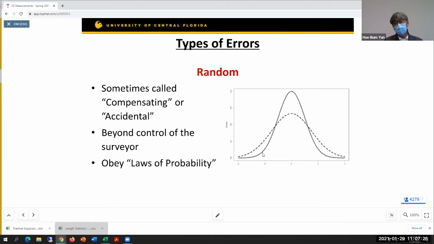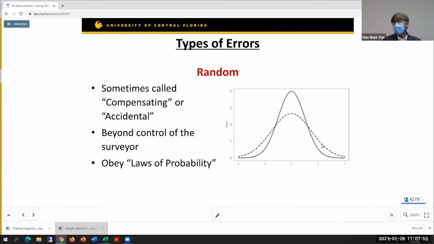So for example, you can think about two types of instruments, theodolite 1 and 2. One is more precise, which means we have the solid line for that one, and if we have more error, then it becomes a wider curve.